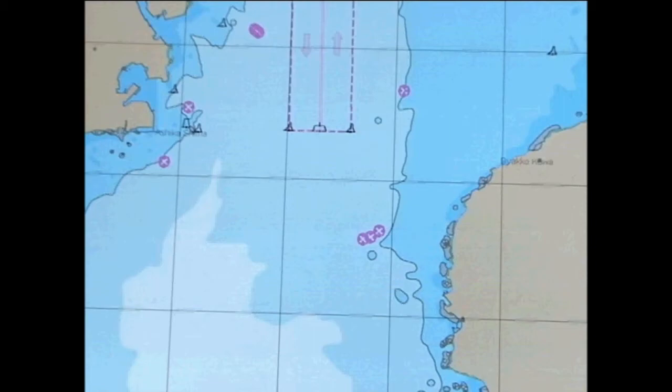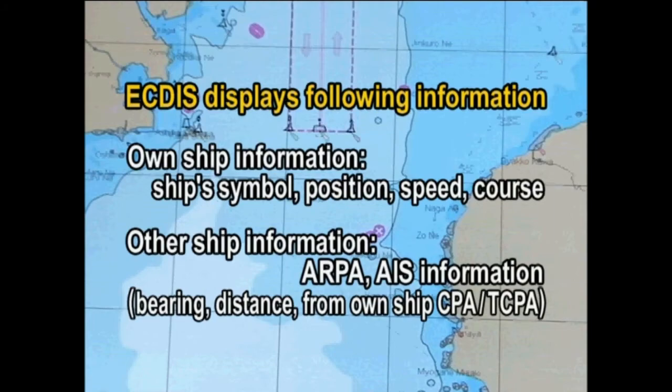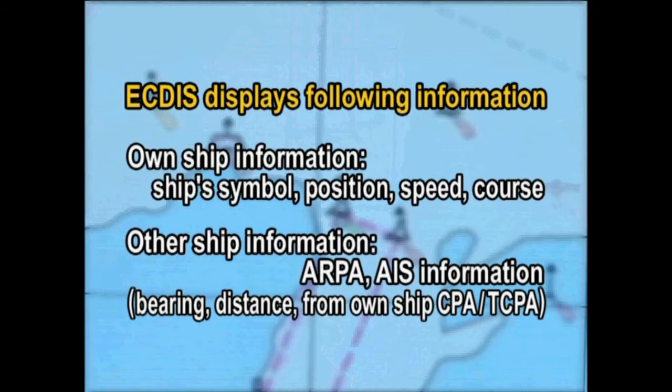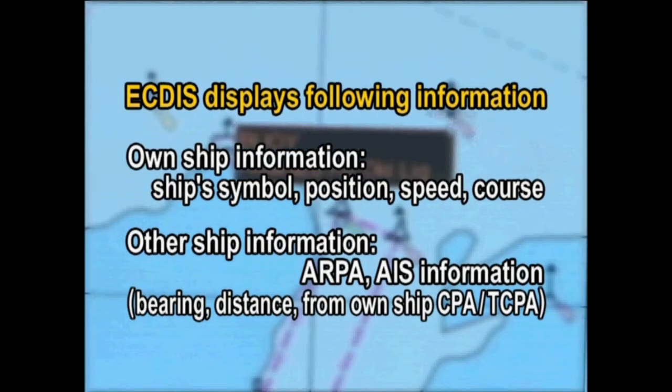ECDIS displays the electronic chart. Own ship information displayed includes the ship's symbol, position, speed, and course. Other ship information displayed includes ARPA and AIS information, such as bearing and distance from own ship, CPA, and TCPA.